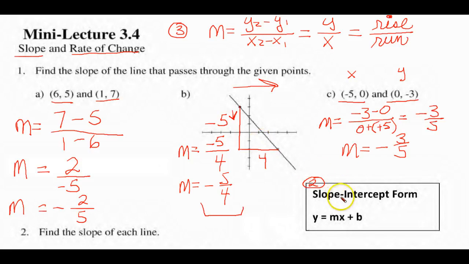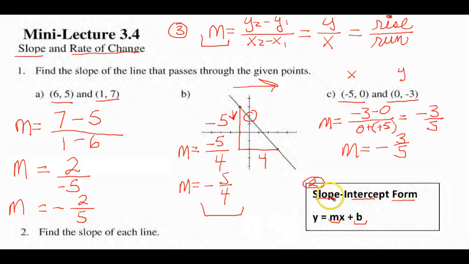Now, we're going to be introducing this, and we may have already, the slope-intercept form is one of the equations where we have y equals something. And we see in this formula that the letter m is the numerical coefficient of the x. And we've defined m as the slope. And we've also defined b as our y-intercept.